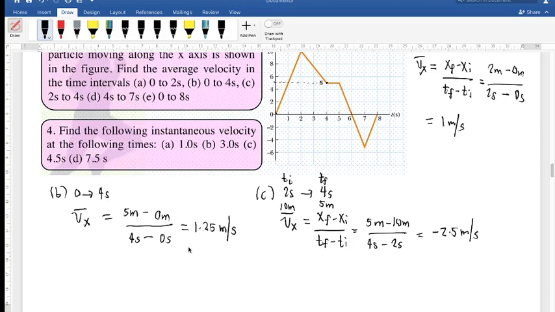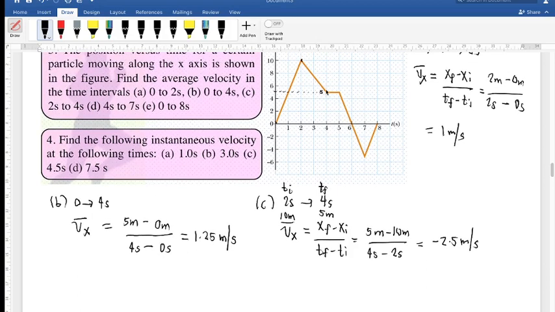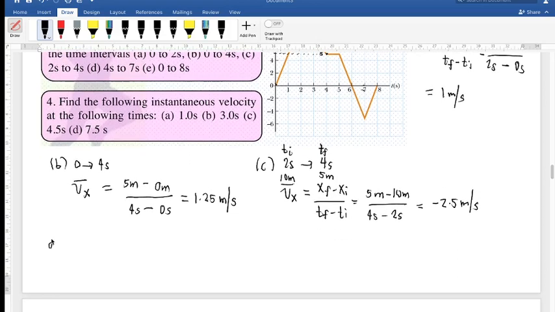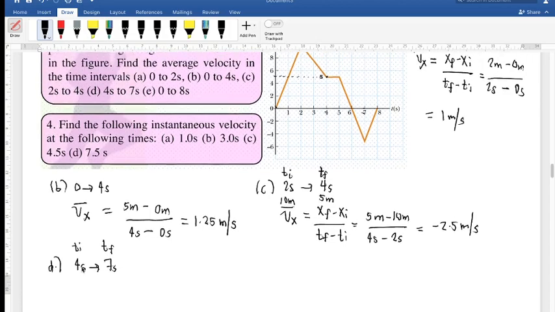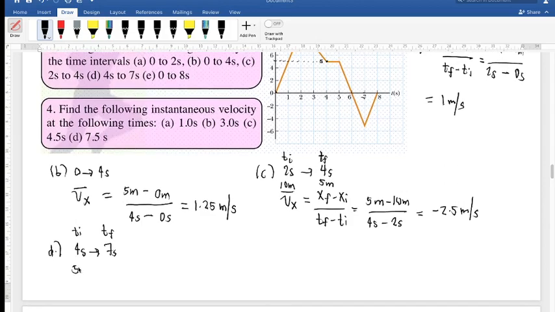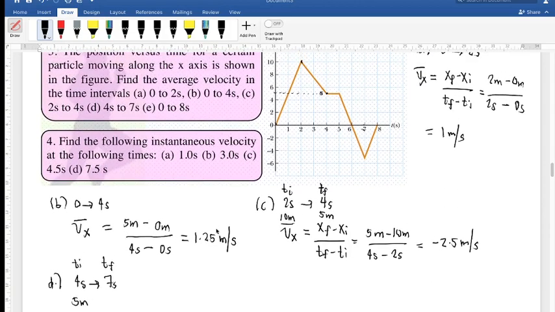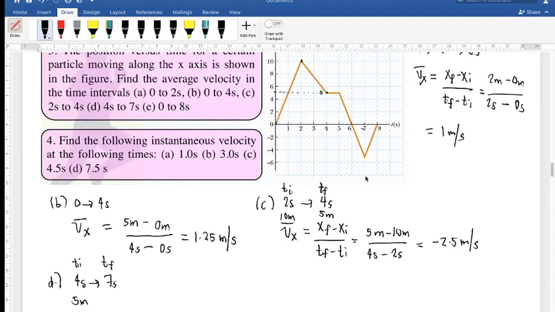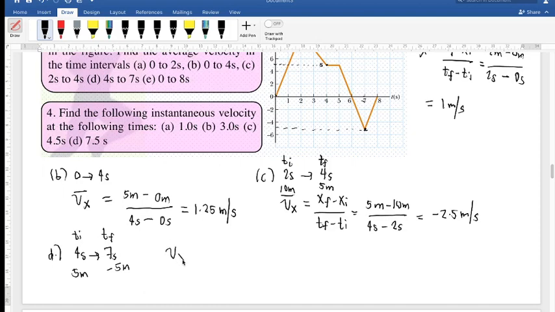Okay, as you can see here, the next is 4 seconds to 7 seconds. Again you have to take note of the positions for those times. At 4 seconds, the position is 5 meters. And for the final time, the position at 7 seconds is approximately negative 5 meters. So what is the average velocity?